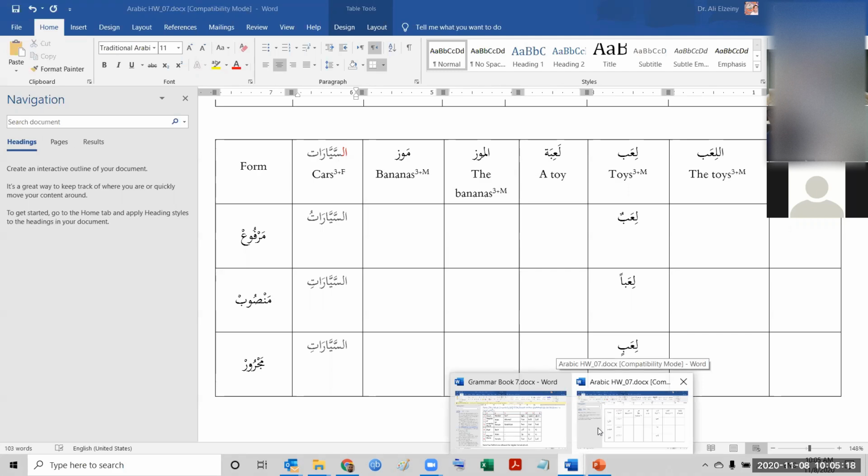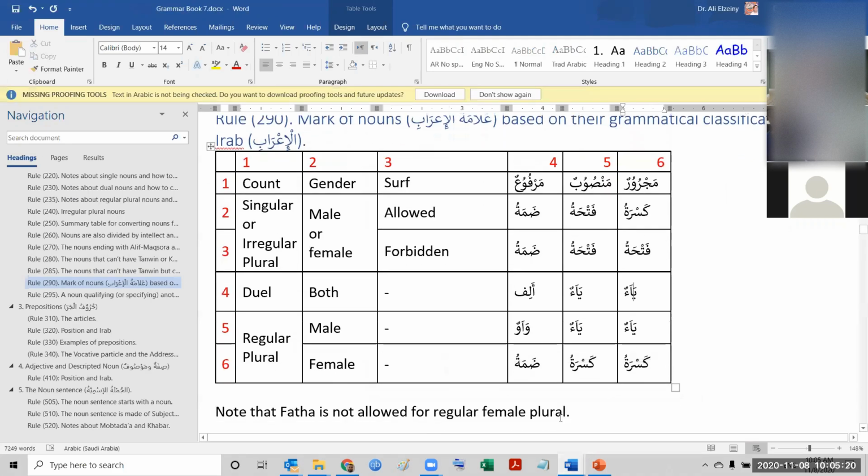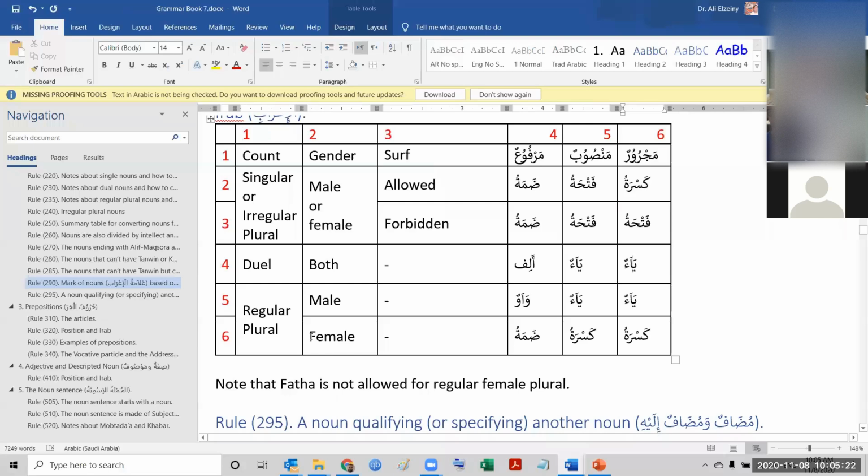We go here, and we say that regular female plurals is marfu' damma, mansub kasra, majrur kasra. And just to emphasize, fatha is not allowed for regular female plurals. It means damma, kasra, kasra. Okay? So knowing it's damma, kasra, kasra, we go back to the homework.